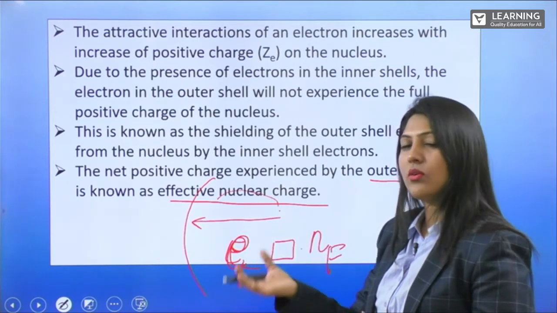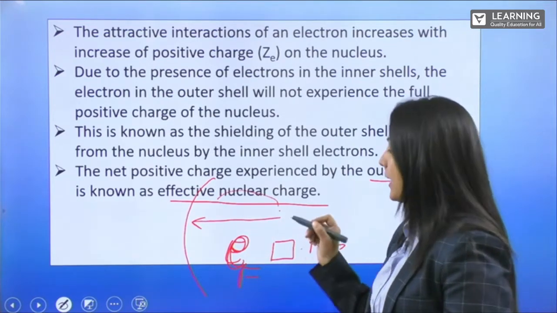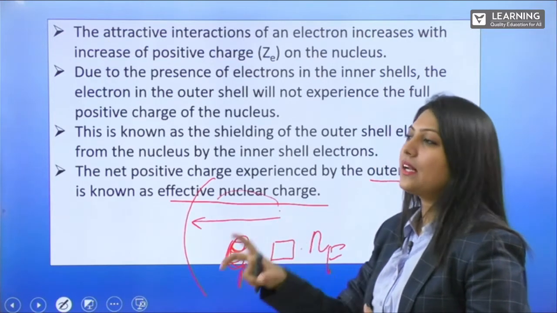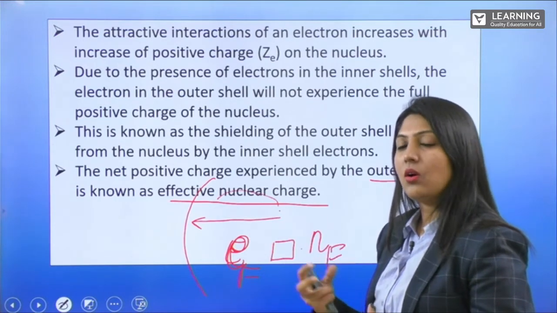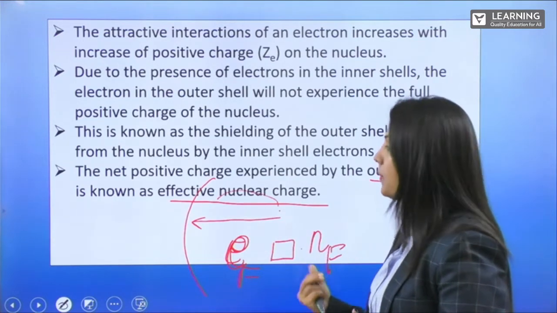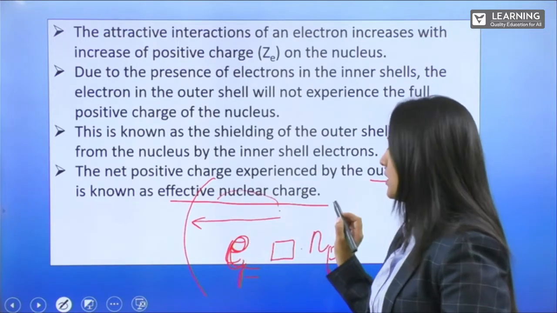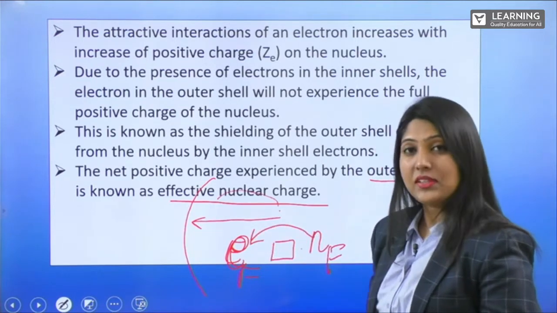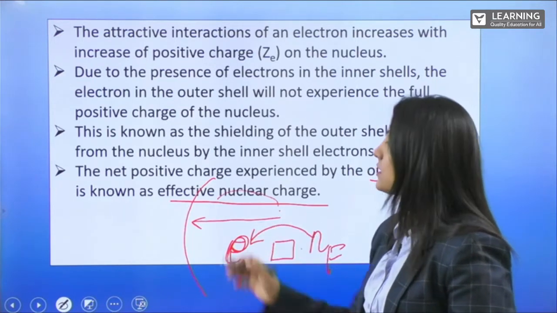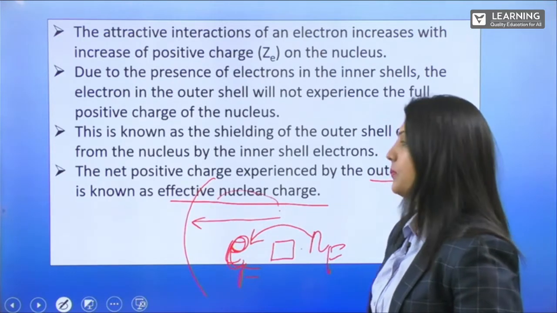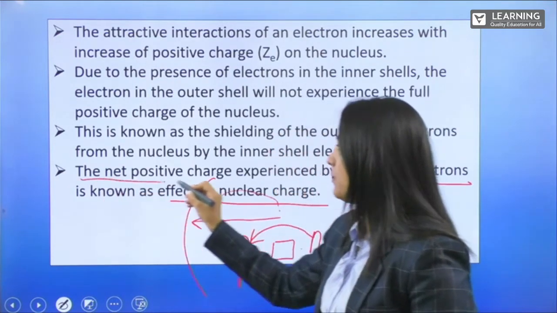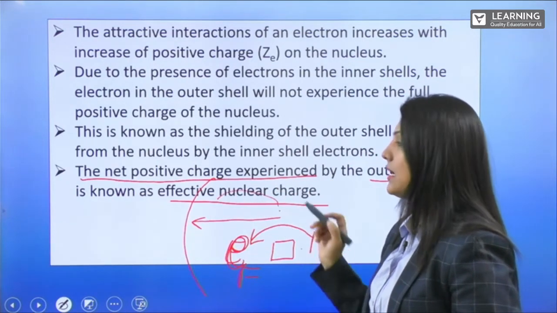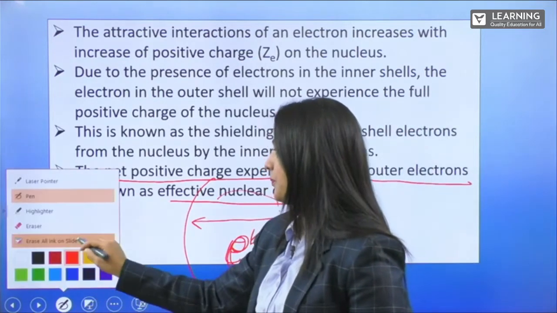The attraction towards the outermost electron is reduced, and after that reduction, the exact attraction the electron is getting from the nucleus is called the effective nuclear charge. So the attraction from the nucleus to the outermost shell after shielding, how much it is getting, is called the effective nuclear charge. Hope you understand this. So you can easily say the net positive charge experienced by the outermost electron is called the effective nuclear charge.